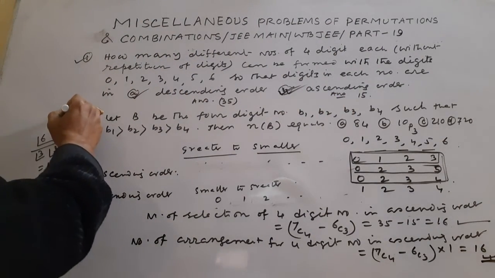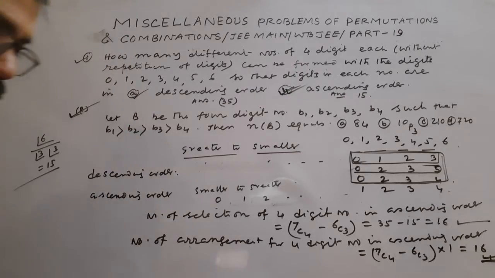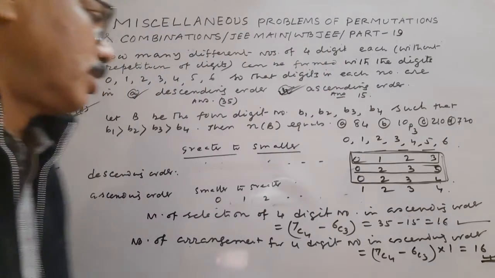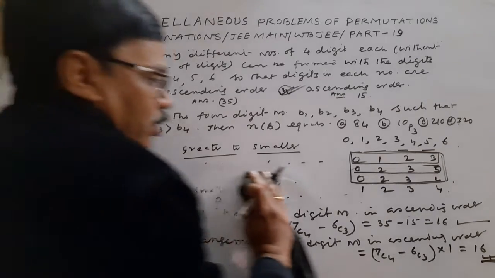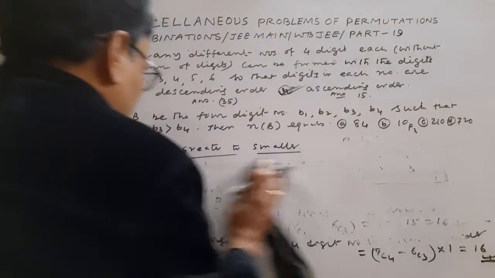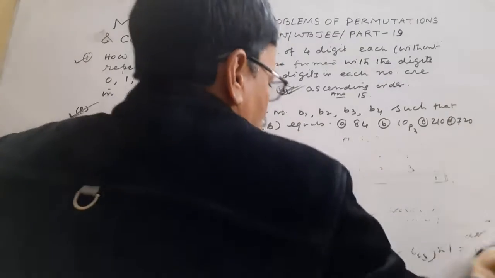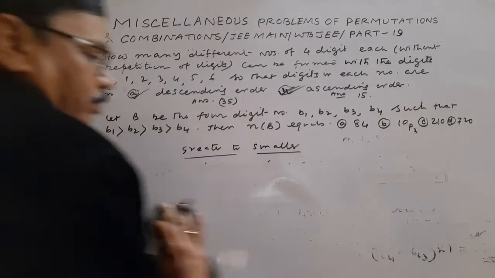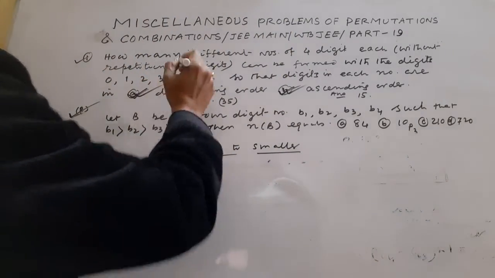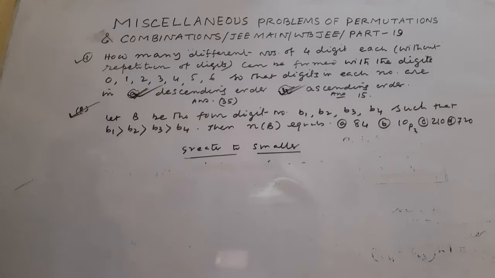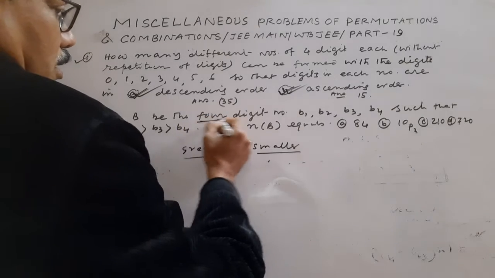So now problem number 2. You can easily solve it. Look, this is of same type. B1, B2, B3, B4. B1 greater than B2 greater than B3 greater than B4. So this is in descending order. 4-digit number.